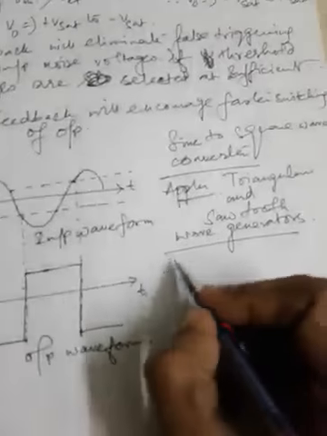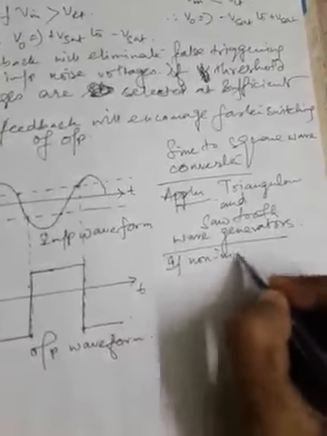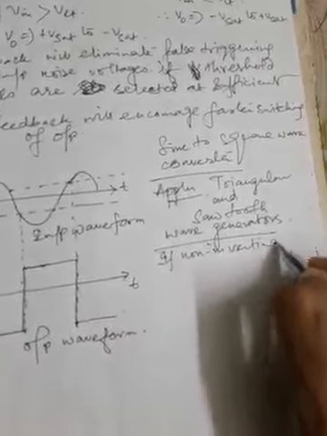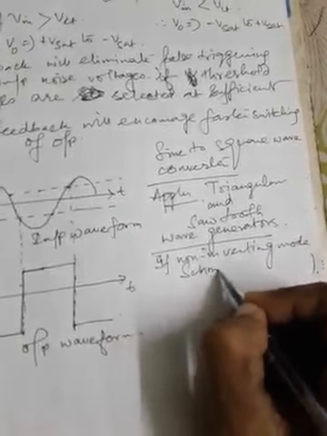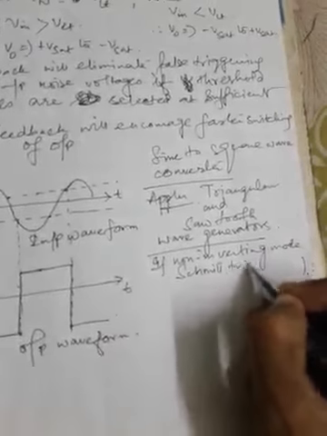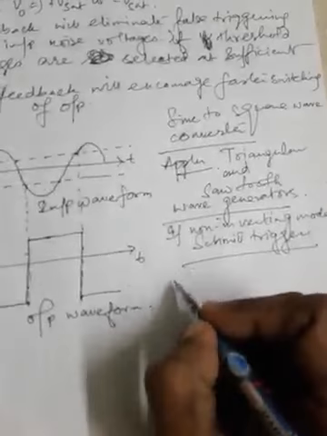That means if we use the Schmitt trigger in non-inverting mode, we may get the below mentioned waveform generators.